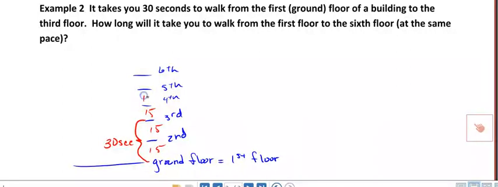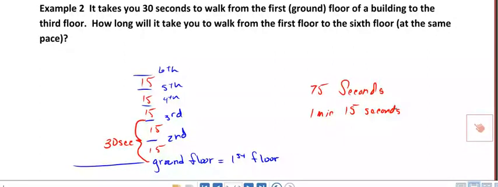From the 4th to the 5th is 15 seconds. And from the 5th to the 6th is 15 seconds. So if I added all that up, how long is that? If I multiply 15 times 5, I would get 75 seconds, which is about 1 minute and 15 seconds.